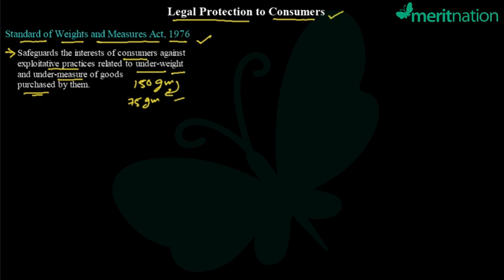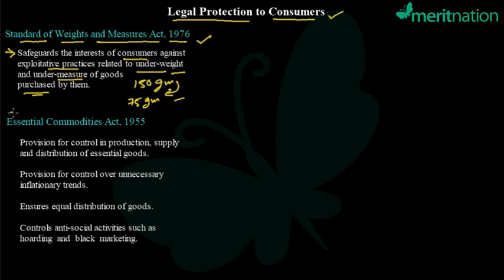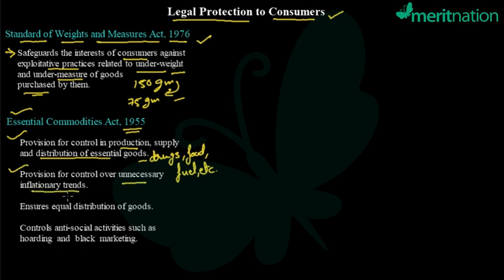Now let's move on to the next act, which is Essential Commodities Act 1955. The act provides a provision for control in production, supply, and distribution of essential goods such as drugs, food items, fuel items, etc. Moreover, there is also provision for controlling the unnecessary inflationary trends, and the Act also ensures equal distribution of goods among the consumers.